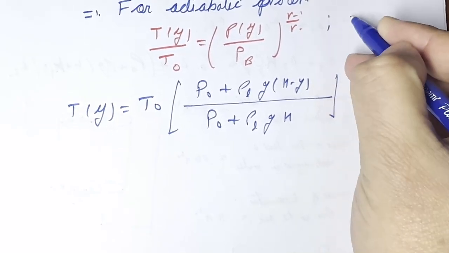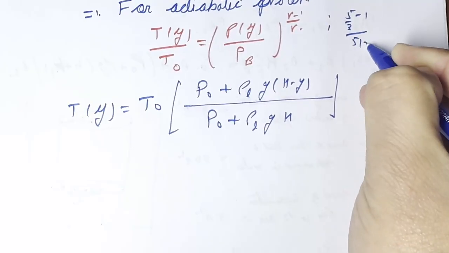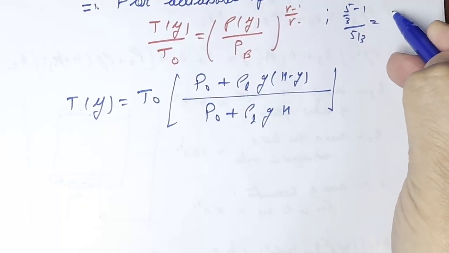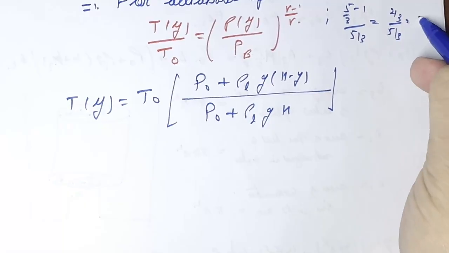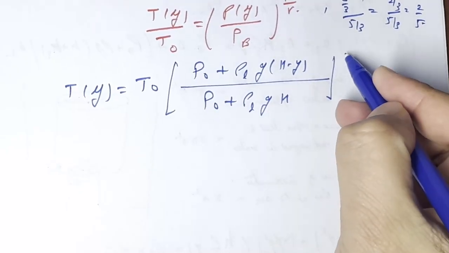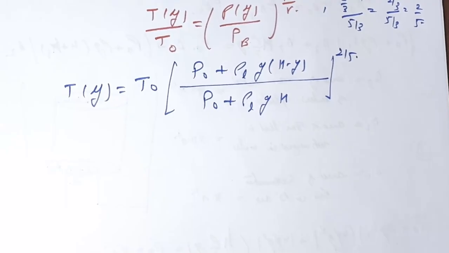So we can solve this. We have 5 minus 3 over 3, so this comes as 2 by 3, and divided by 5 by 3. So this is equal to 2 by 5. So we can write this as raised to power 2 by 5.